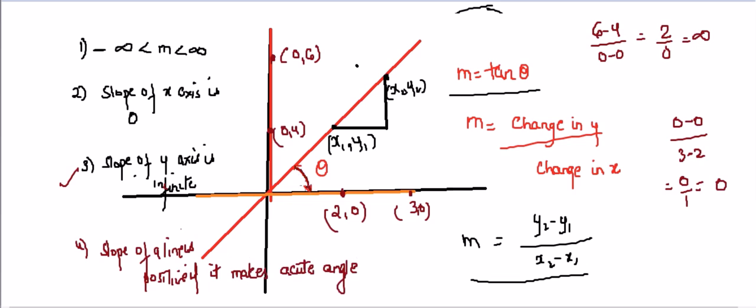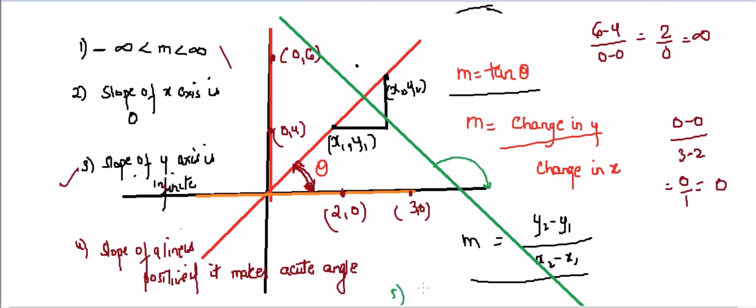Suppose I take this line and look at the angle it makes with the positive side of the x-axis; clearly this is an acute angle, less than 90 degrees, so the slope is always positive. Whereas if I take this other line, the angle from the positive side of the x-axis is clearly an obtuse angle, greater than 90 degrees, so the slope will always be negative.